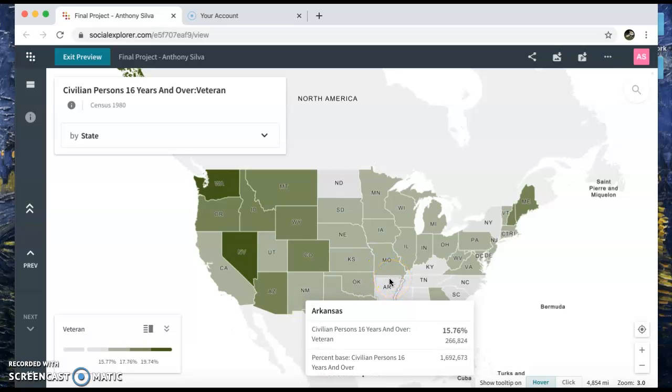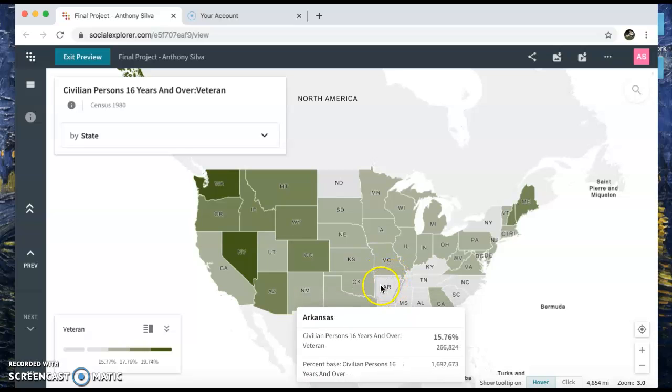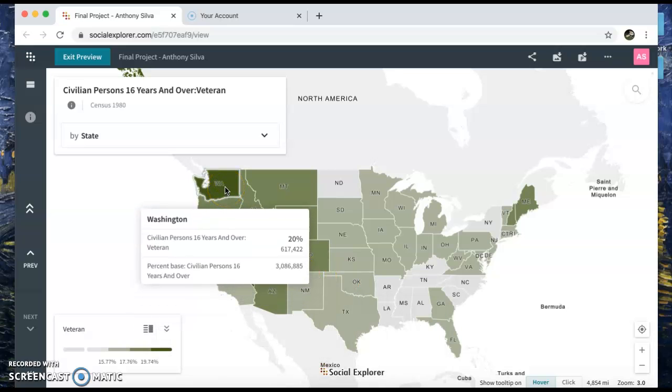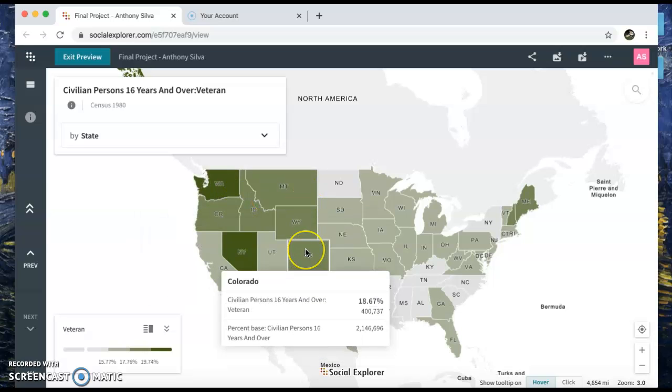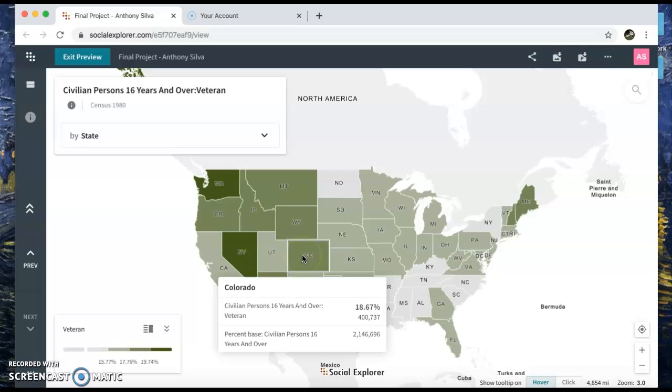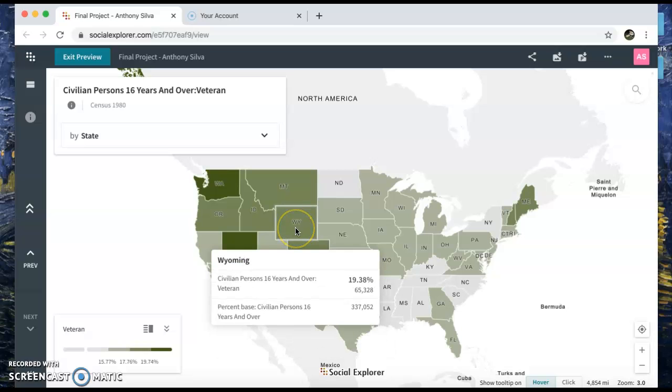But that's the difference between 266,000 people in Arkansas to 617,000 in Washington. Or let's say a more comparable state for population to Arkansas is maybe Arizona. Yeah, 370,000. No, actually not Arizona. None of these. But you get my point.